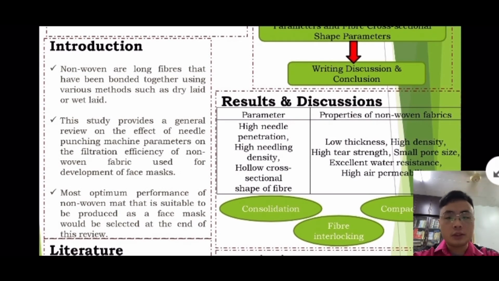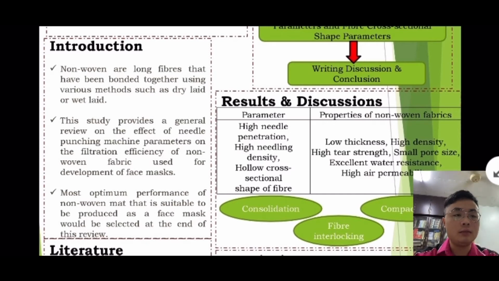For the introduction, most of our surgical masks are made using the non-woven method. So what is non-woven? Non-wovens are long fibers that have been bound together using various methods such as dry-laid or wet-laid. Needle punching non-woven fabric is one of the dry-laid methods.